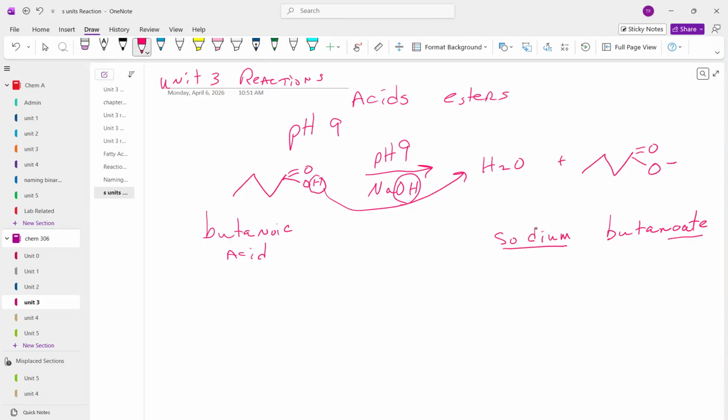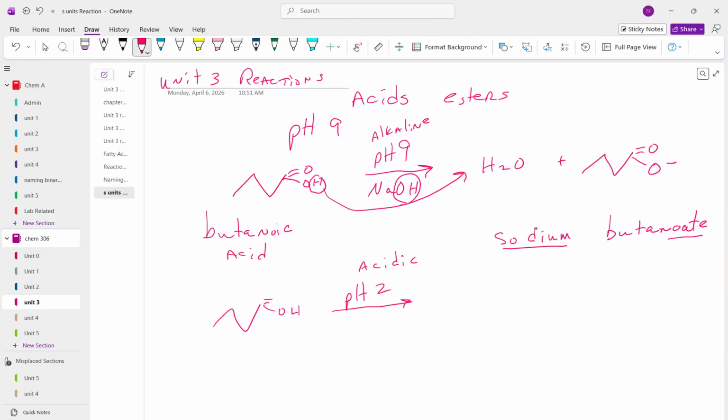What about a pH of 2? A pH of 2 is going to be an acidic solution.